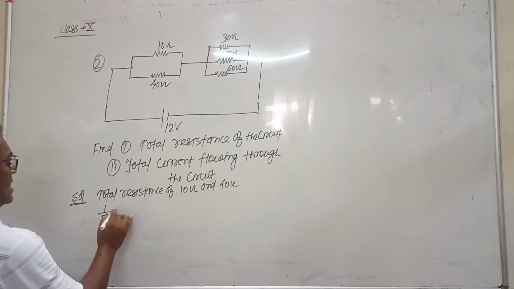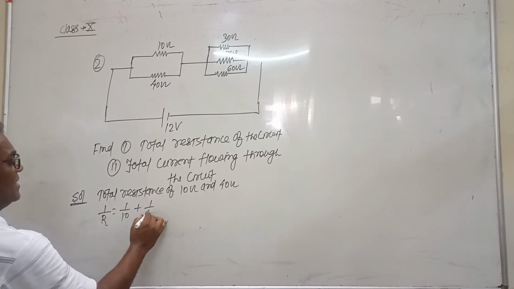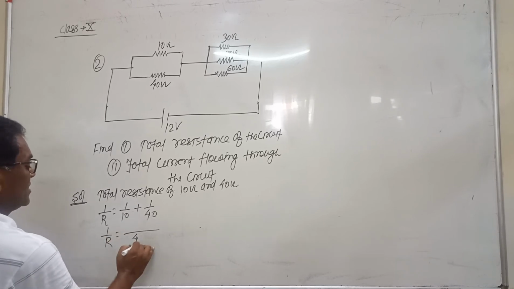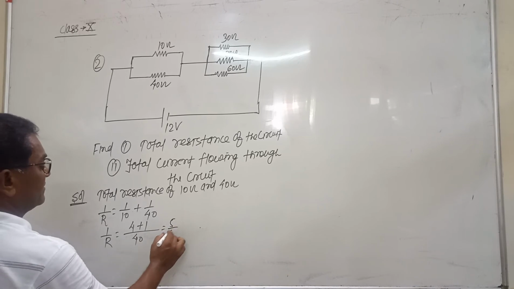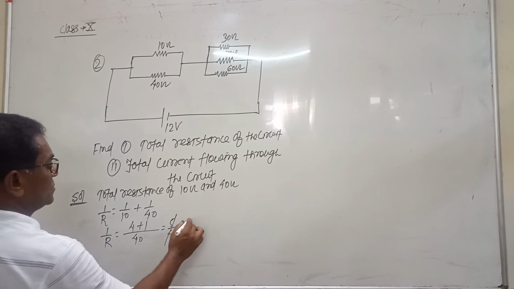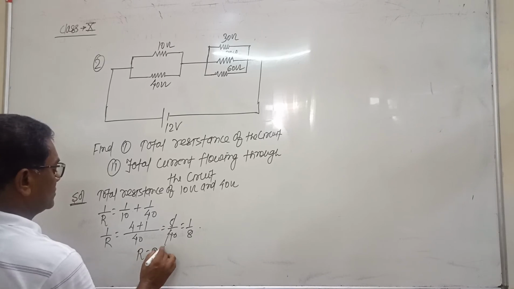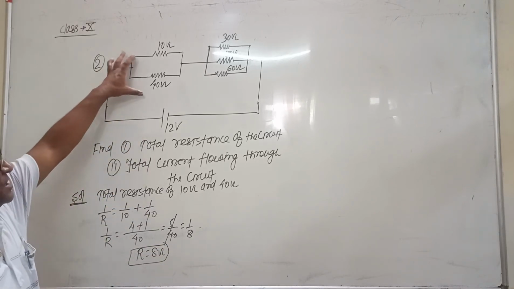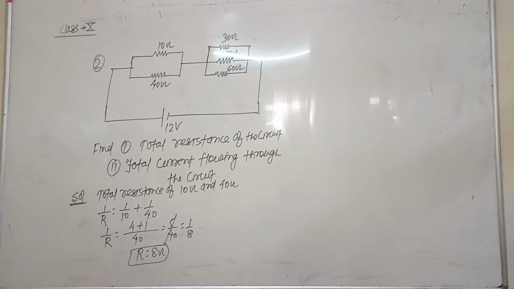So 1 by R equals 1 by 10 plus 1 by 40. 1 by R equals, LCM 40, 4 plus 1 means 5 by 40, and it comes to be 1 by 8. So R equals 8 ohm. This is the total equivalent resistance of 10 ohm and 40 ohm.